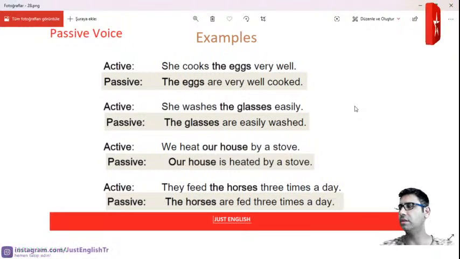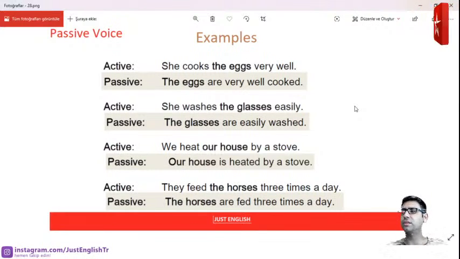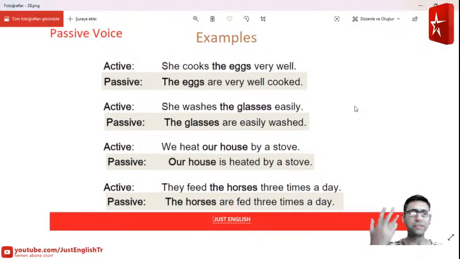Furkan has a question. Can we say the stove heating our house? I mean, you can say it, and the person next to you can easily understand what you mean. But it sounds different.